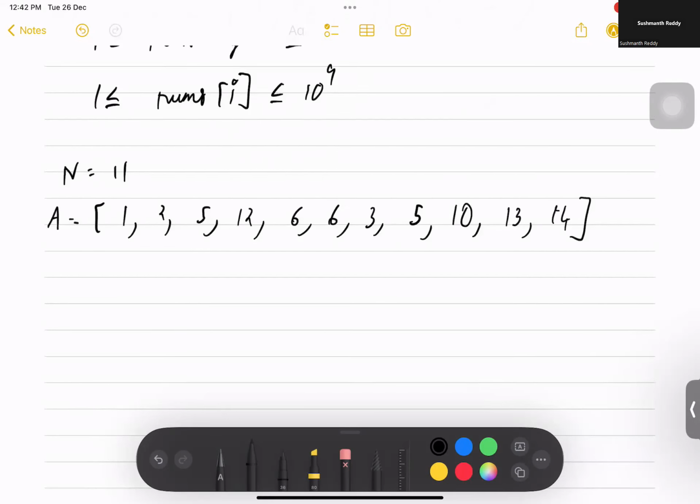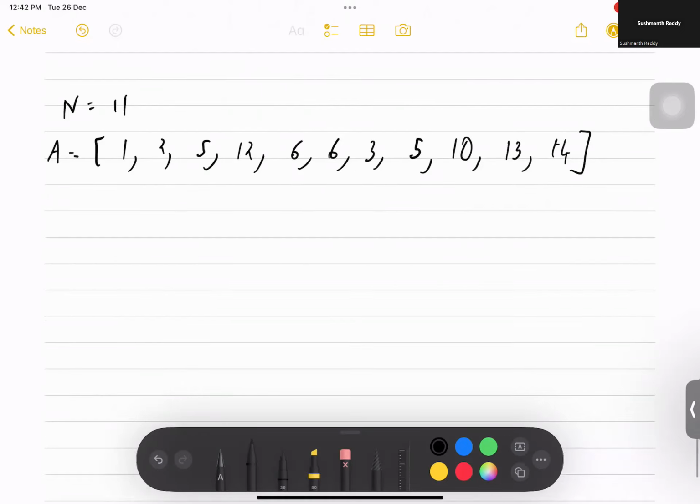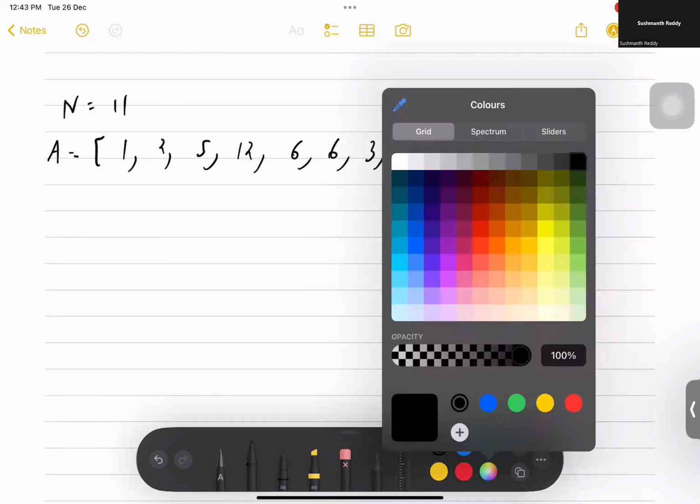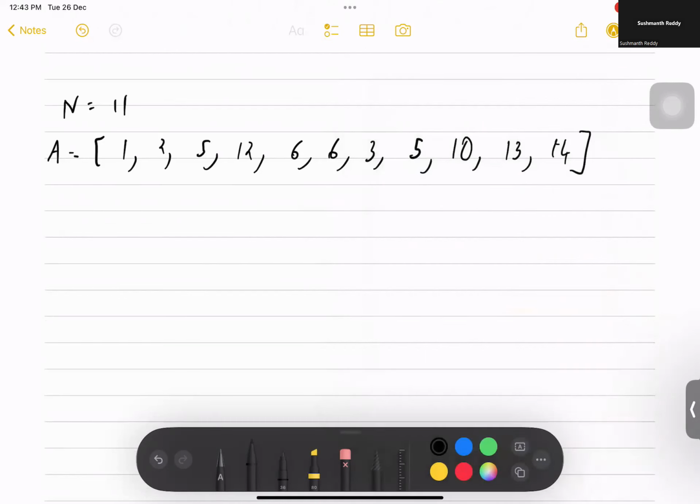To solve this, let's consider the following example. Let's see what we can do. Firstly, let us maintain how many in the prefix are strictly increasing.